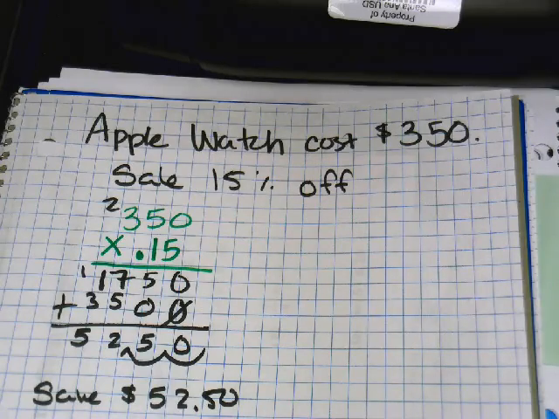Sometimes students will not do the decimal correctly, and they're like, Miss O'Malley, I'm saving $5,250. Yay. And I'm like, well, how much does the item cost? Well, it costs $3.50. So would you ever save more than what it costs? No. Target's not going to give you money and the product at the same time, right? So in order to check your answers, make sure that this is always smaller than this. And then the new price.